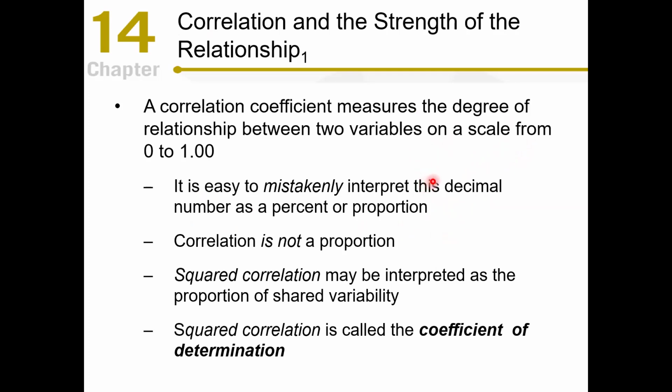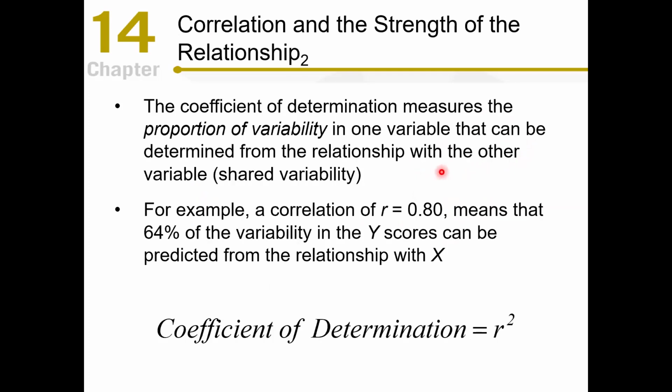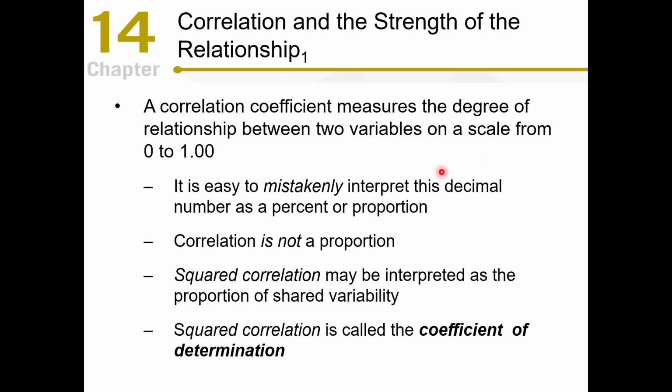Right? Last thing that we'll talk about is our effect size measure. All right. So when you're getting your effect size, and we'll talk about hypothesis testing, we'll go over that in class. But when you're thinking about your correlation coefficient, it is measuring the degree of a relationship between two variables on a scale from 0 to 1.